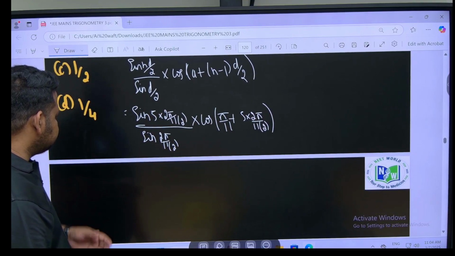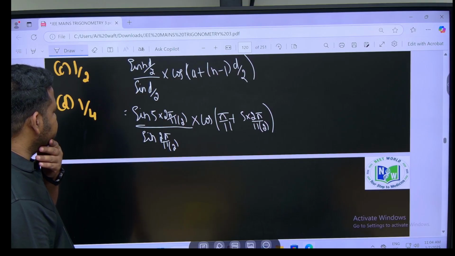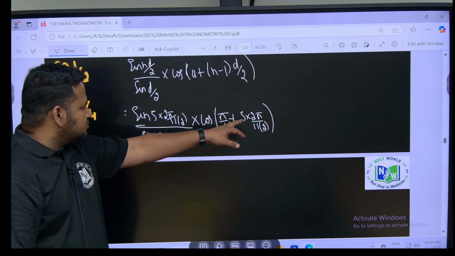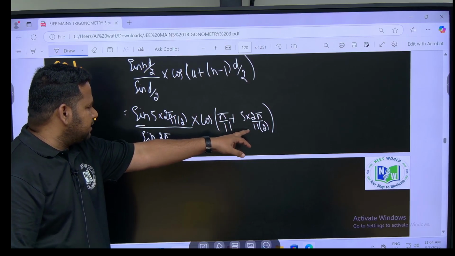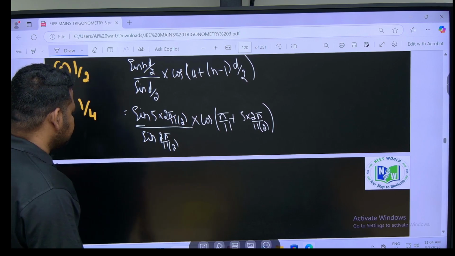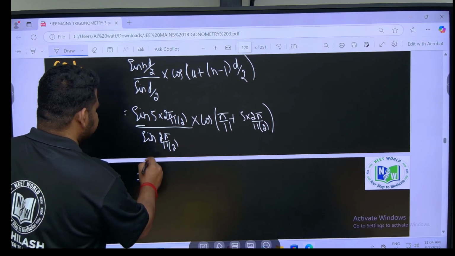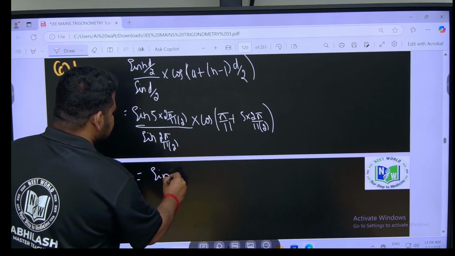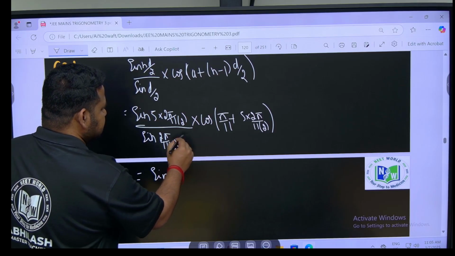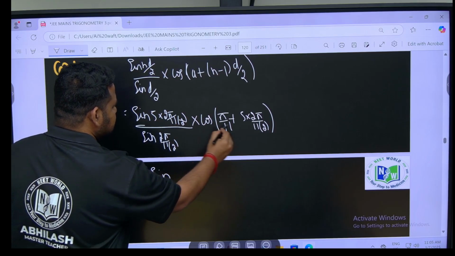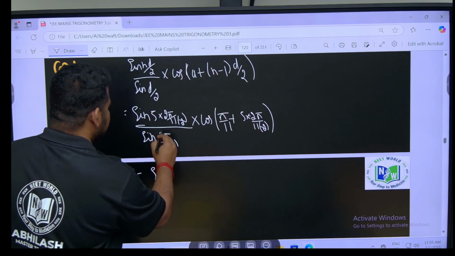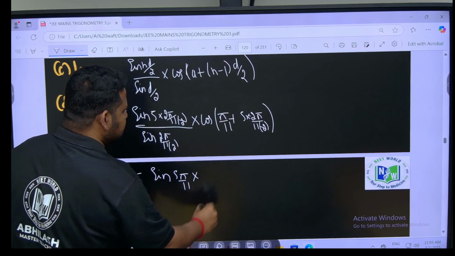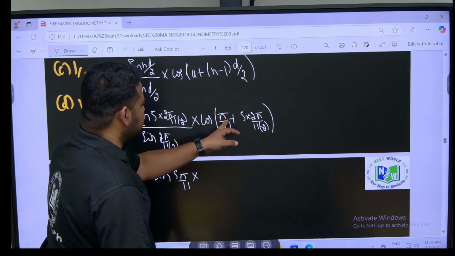So now let us simplify this further. We get sine of 5 times 2 pi by 11 by 2 into cos of 5 pi by 11 plus pi by 11.